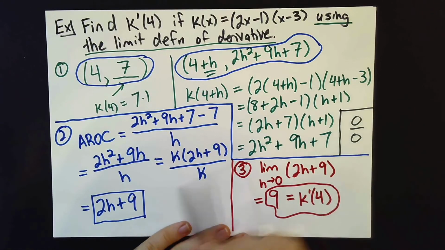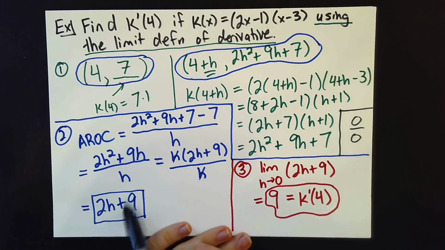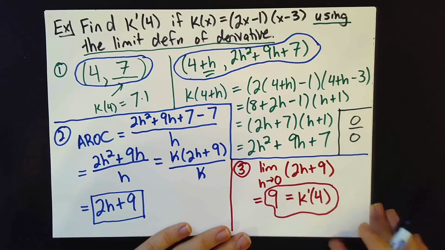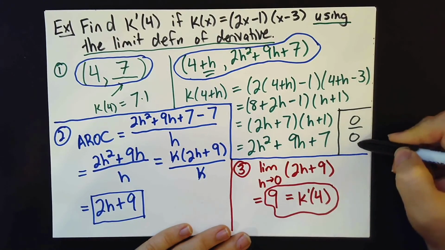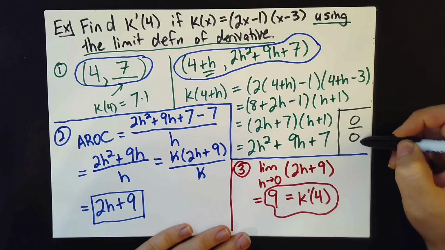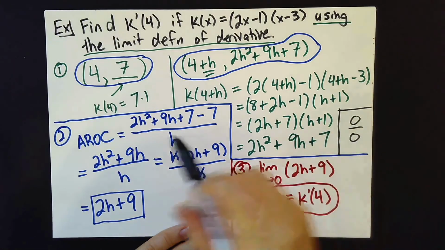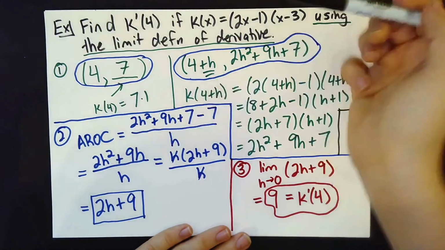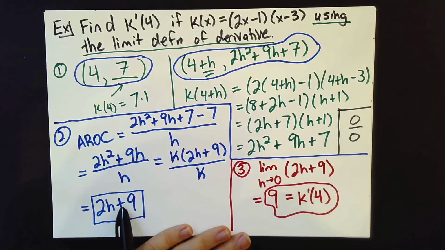It's just that we happen to have done that algebra and canceling back over here when we were simplifying this, before we then went ahead and thought about the limit. So really, this thing started out as a 0 over 0 type limit. If you plugged in h equals 0 here, you would get 0 over 0, but because I had us do the simplification here in this step, then it comes out and works out nicely over here.